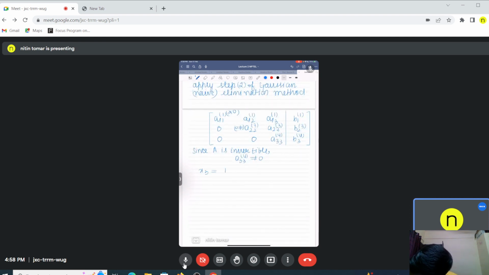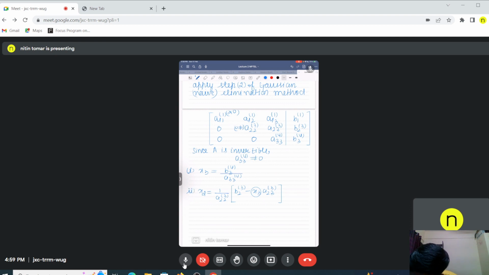X3 will be B34 divided by A334. Then X2 will be B23 minus X3 A233, times 1 upon A223, right? And X3 you know already from the previous step.